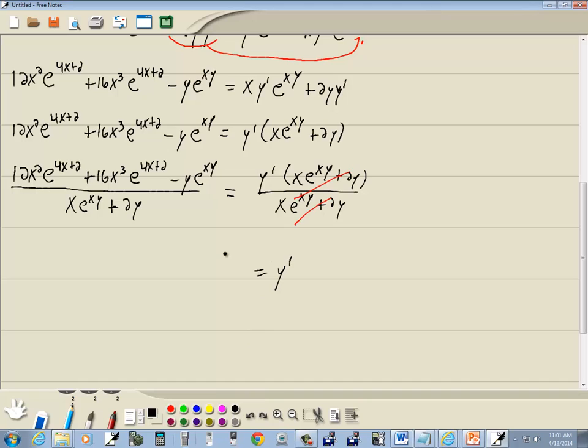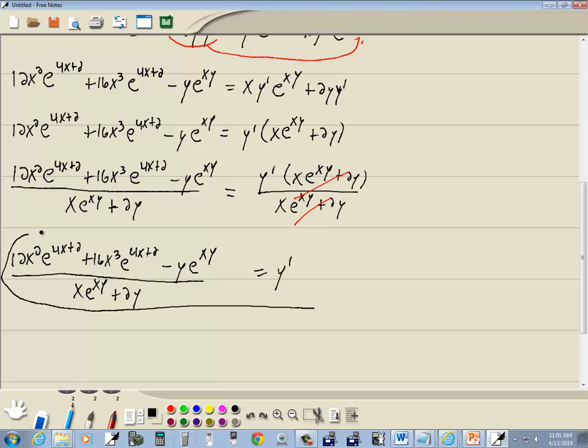And so we got y prime is equal to 12x squared e to the 4x plus 2 plus 16x to the third e to the 4x plus 2 minus y e to the xy all over x e to the xy plus 2y.